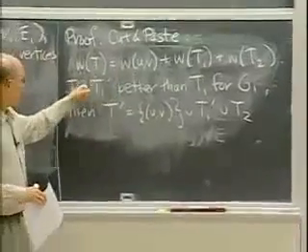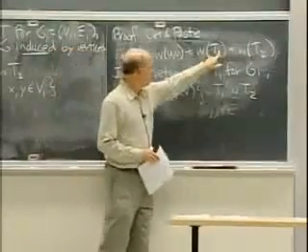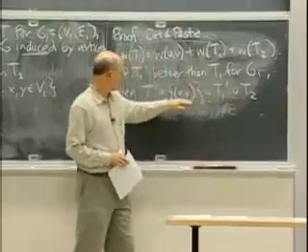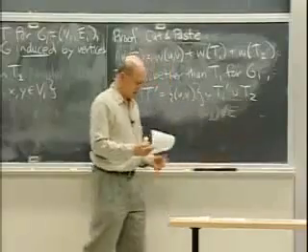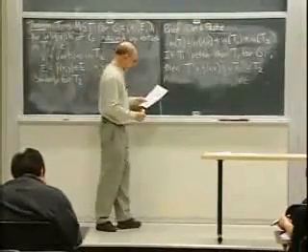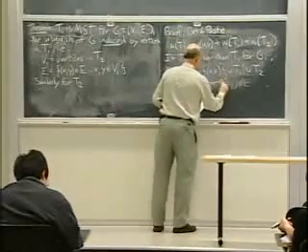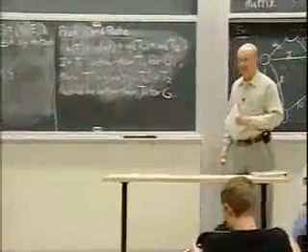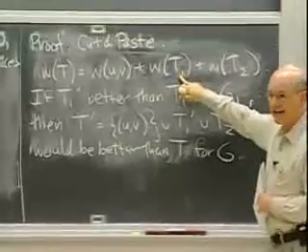So if I had a spanning tree of lower weight for T1, and I call that T1 prime, I just substitute that and make up a spanning tree that consisted of my edge UV, whatever worked well for T1 prime, and whatever worked well for T2, and that would be a spanning tree, and it would be better than T itself was for G. Because the weight of these is just as the weight for this. I now just get to use the weight of T1 prime, and that's less.